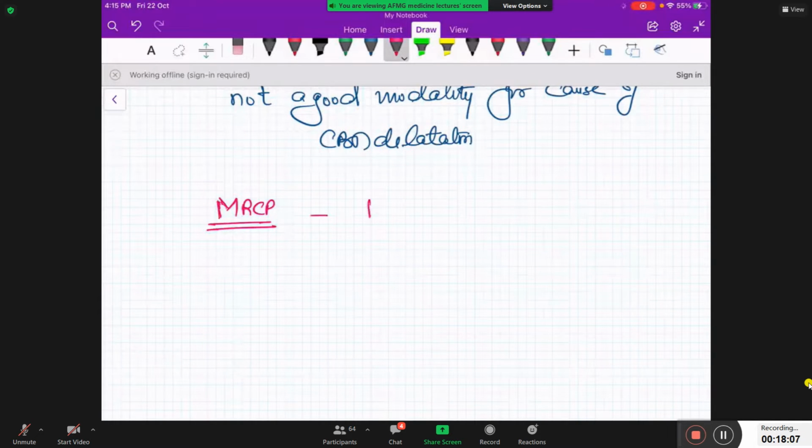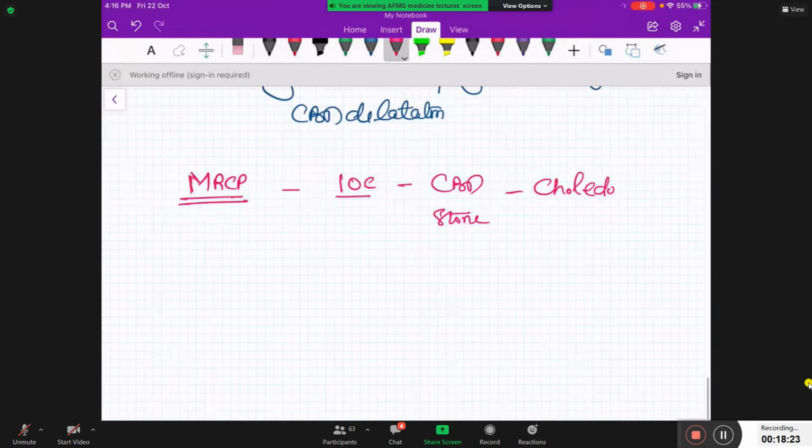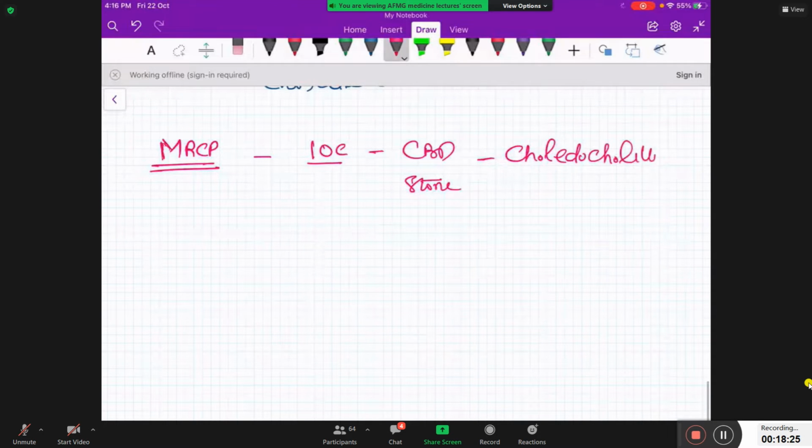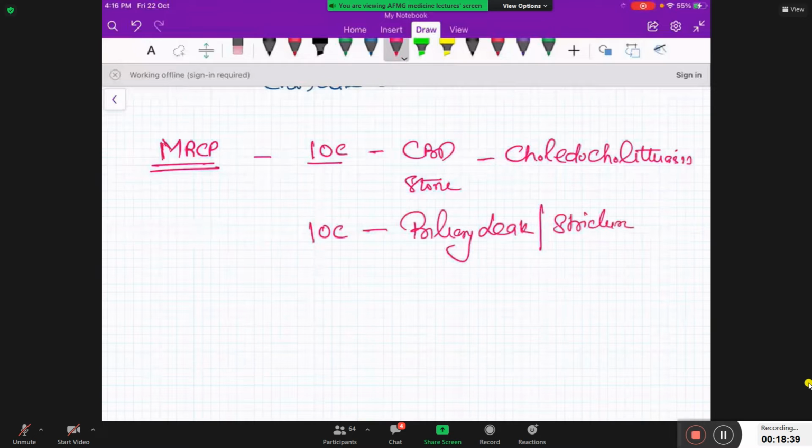MRCP is the investigation of choice for CBD stone. Gallstone is called cholelithiasis. CBD stone is called choledocholithiasis. Right? And it is also investigation of choice for biliary leak or stricture.